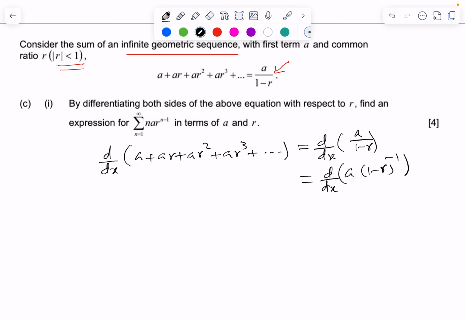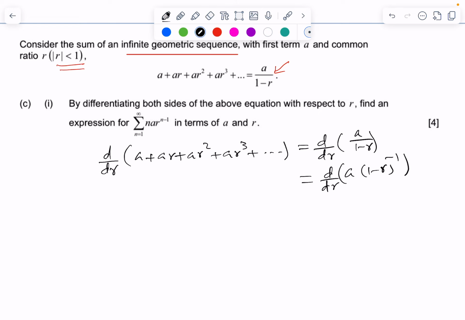This will be better. Now you know how to differentiate it with respect to r. r is the variable here, so we are going to differentiate with respect to r.